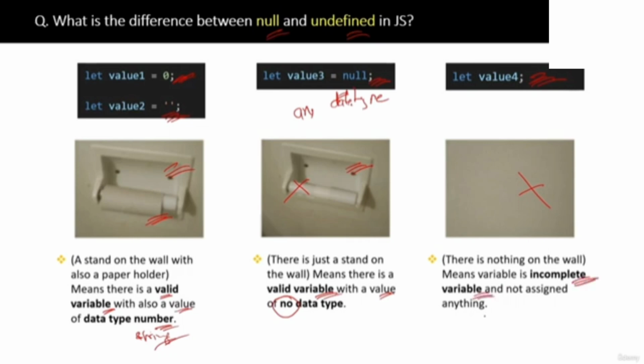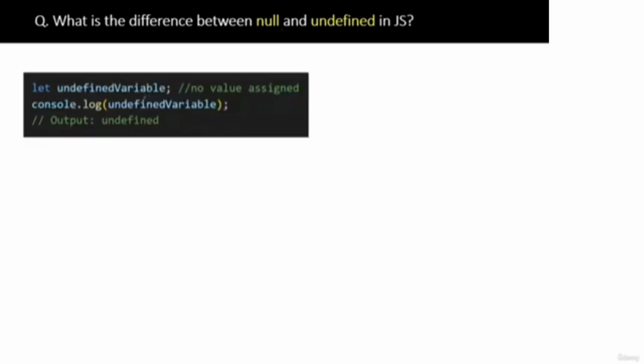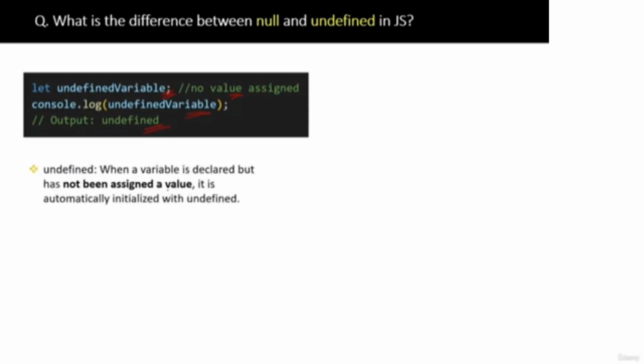Great. Now let's understand the differences with the help of the code. Here is the undefined code. As you can see, here we have declared a variable, but no value has been assigned to it. And then we are printing the variable and the output is undefined. Simple. This is undefined, which is never assigned a value. The definition is: when a variable is declared but has not been assigned a value, it is automatically initialized with undefined.